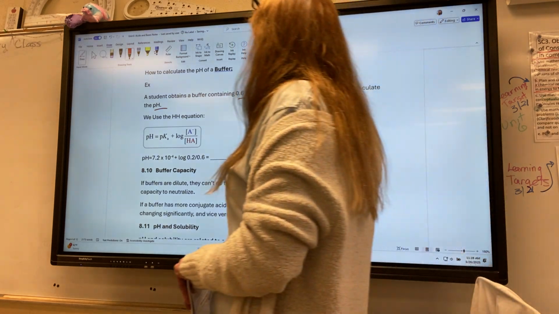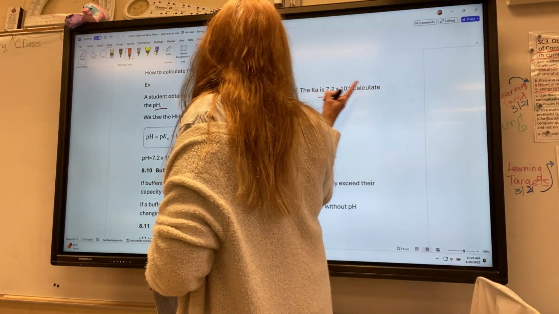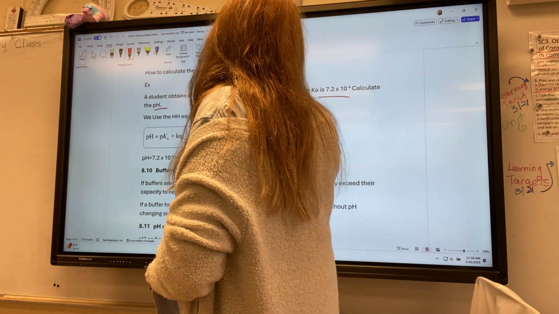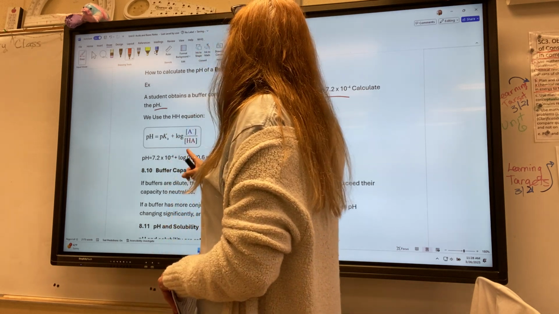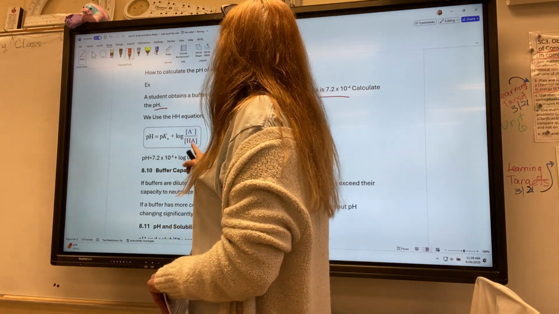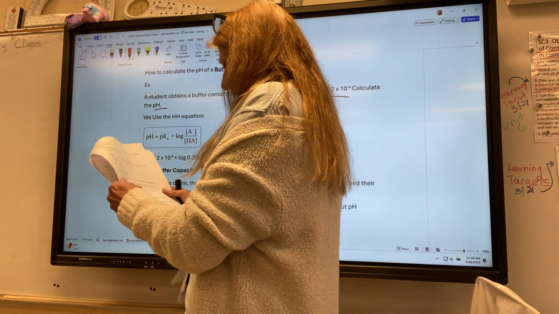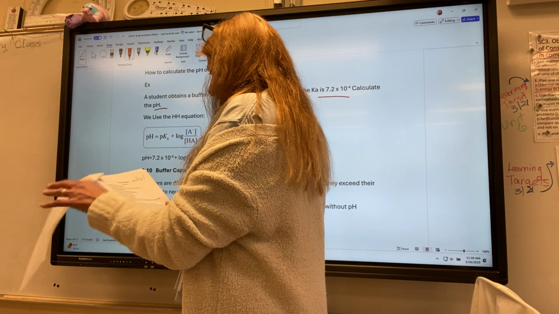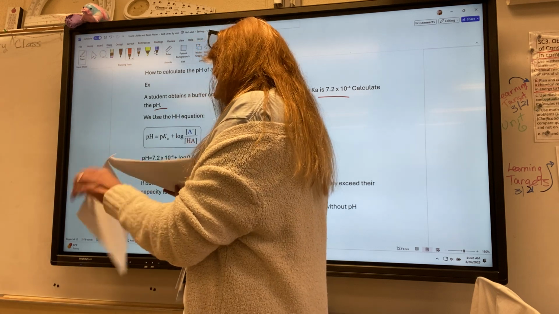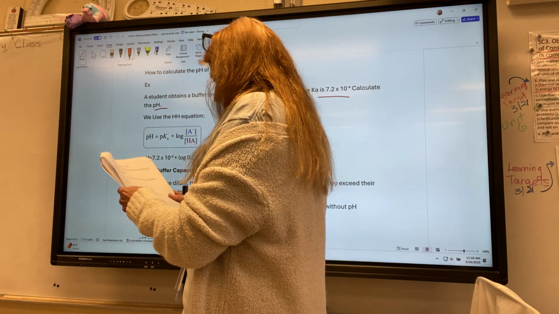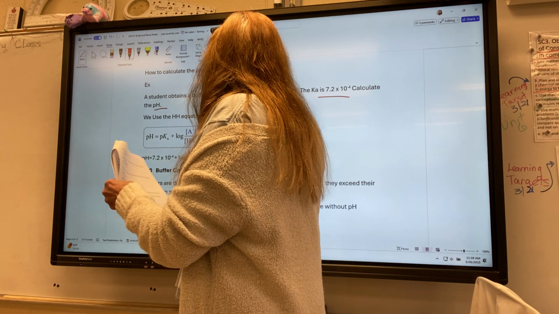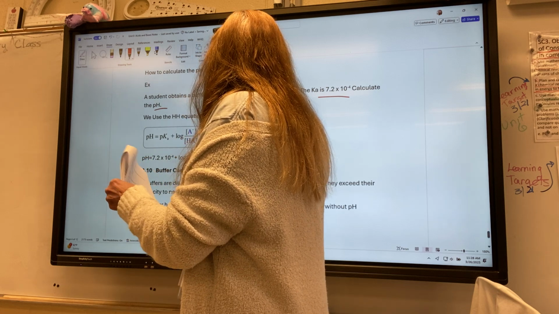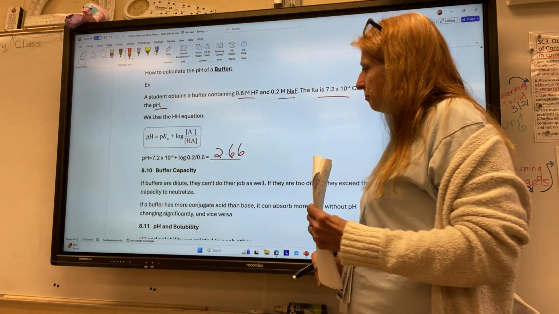So we could fill this in. We were given our pKa. We put in our NaF in the numerator, our HF, our acid, in the denominator, and we get, where did I get it? Oh, it's right here. I lost my paper. Okay, it equals 2.66.